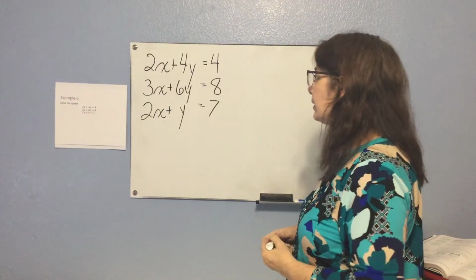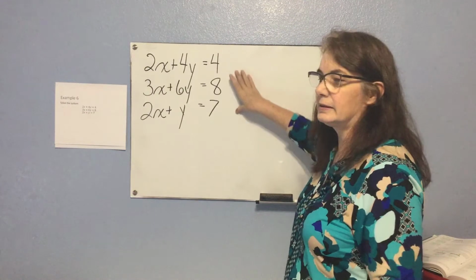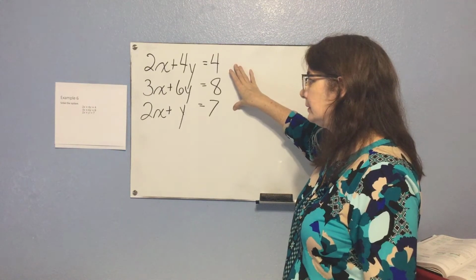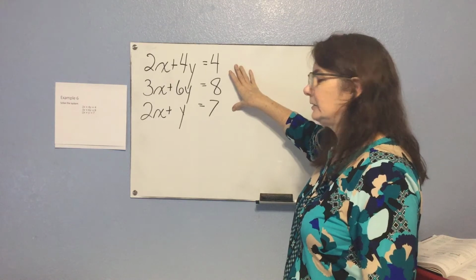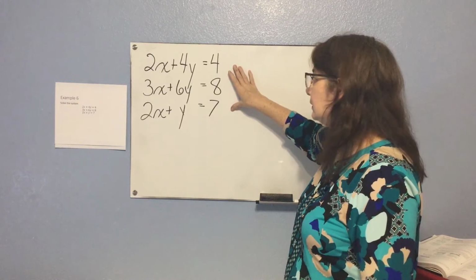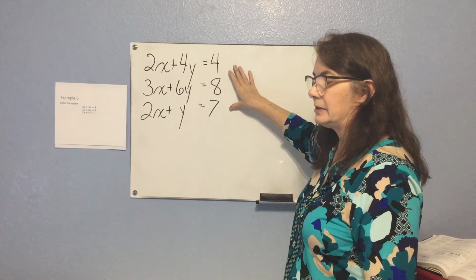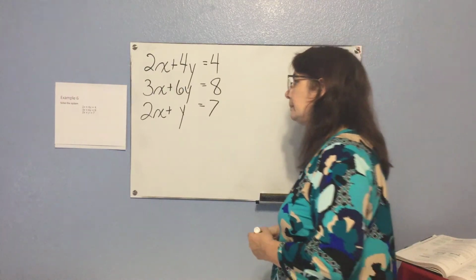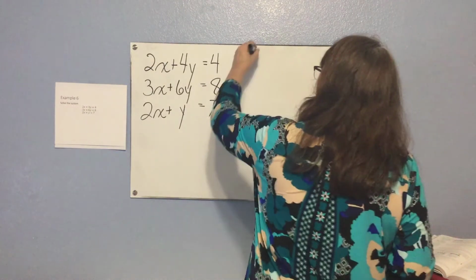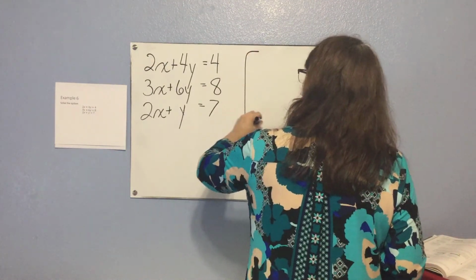Now, the first thing I think you might notice is that this system has 3 equations, but it only has 2 variables. So this probably increases our chances of having a system that's not going to be solvable. But let's proceed. I'm going to go ahead and make a matrix.